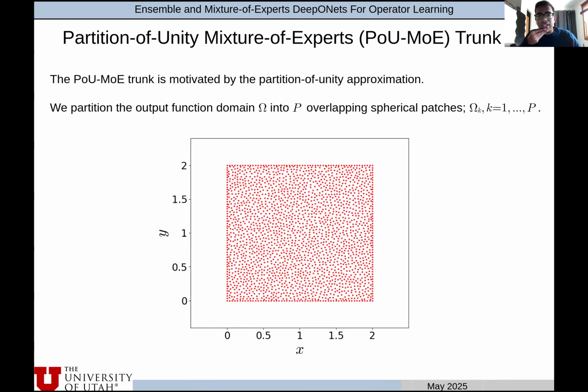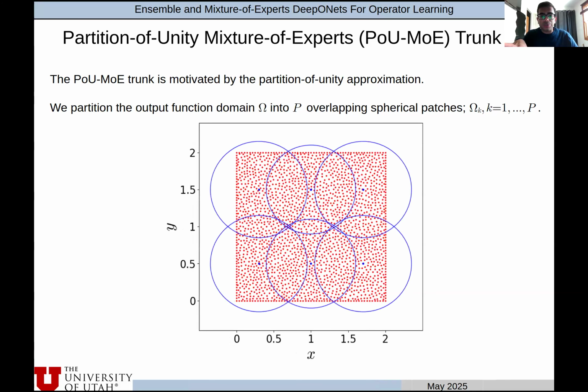Now, let's first discuss a little bit of background on what the core idea is. It is motivated by the partition of unity literature from decades of mostly scientific computing and PDE literature. The way it works is that given a domain, we partition it into a set of overlapping patches.